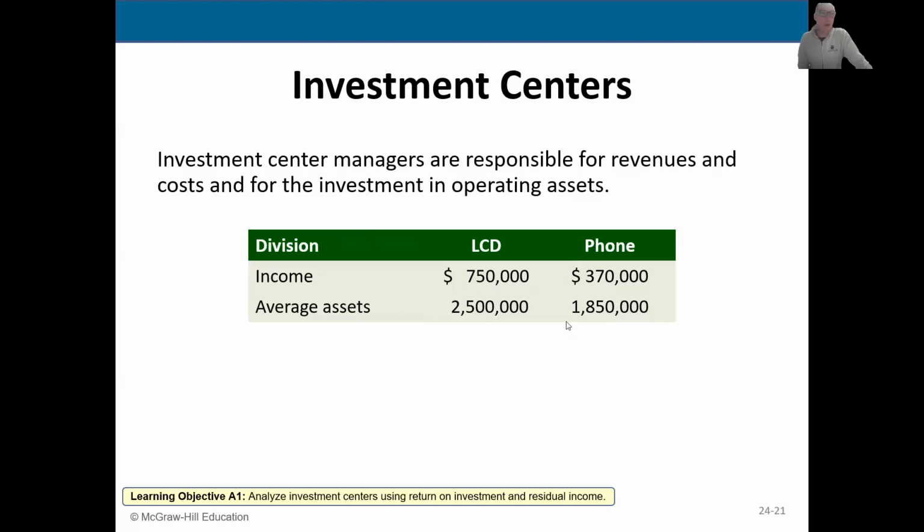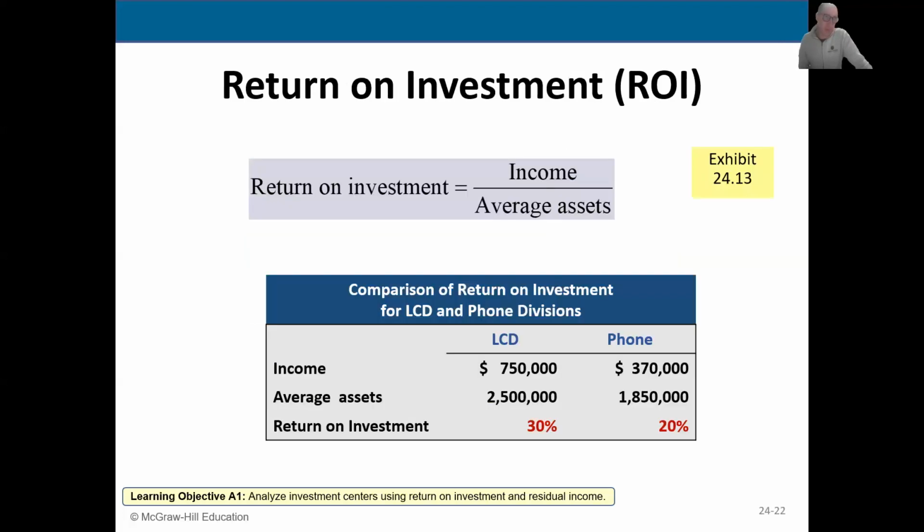So, in order to understand each department's performance, we need to run what we call a return on investment calculation. Return on investment calculation, we take income divided by average assets.